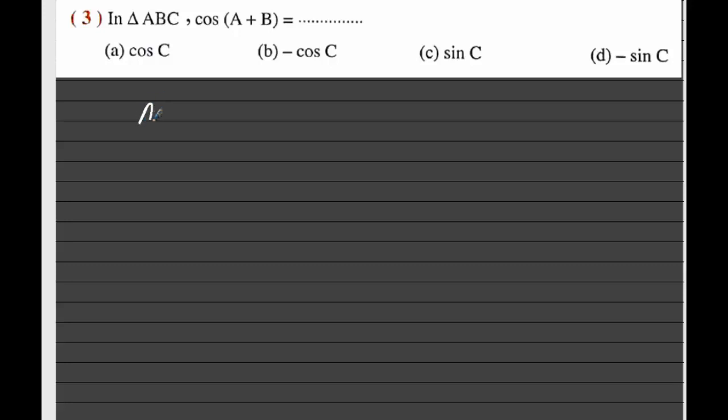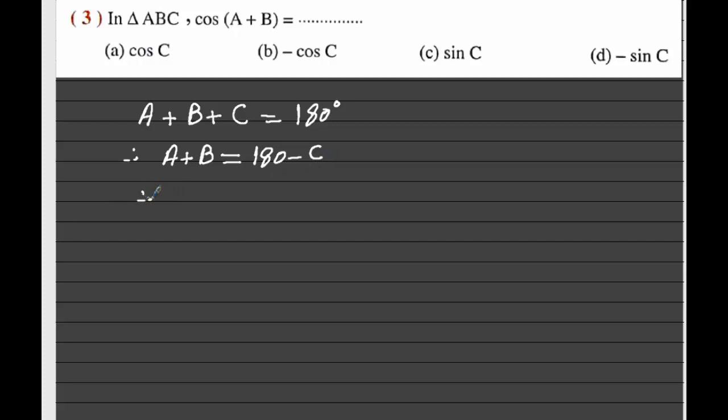So the measure of angle A plus the measure of angle B plus the measure of angle C equals 180 degrees. Okay, so we have A plus B equals 180 minus the measure of angle C.